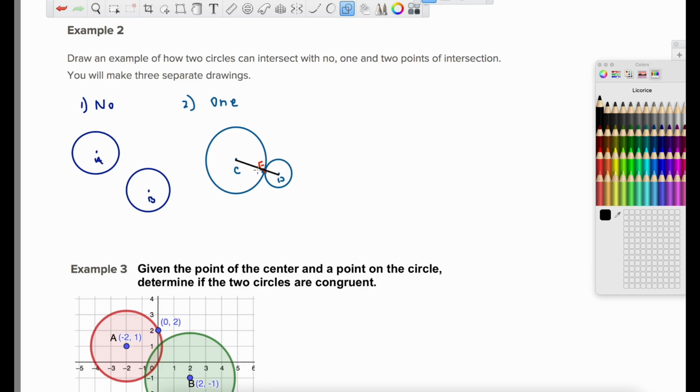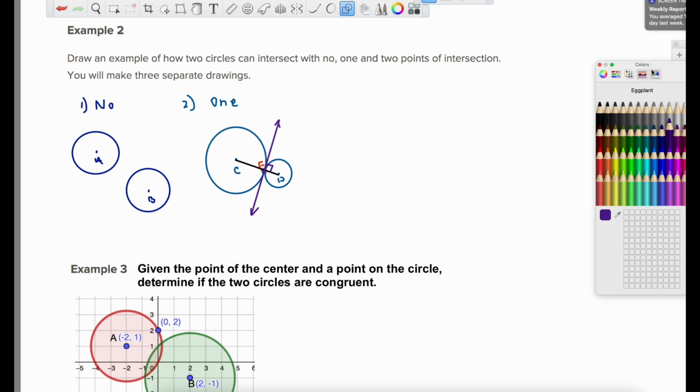These would be collinear points. C, E, and D would be collinear. And then we would be able to draw a tangent through the point of tangency that would be perpendicular to that segment CD. Okay? So that's one intersection.